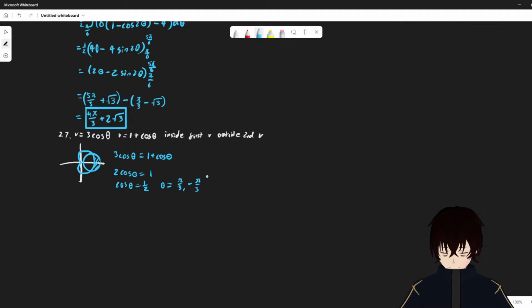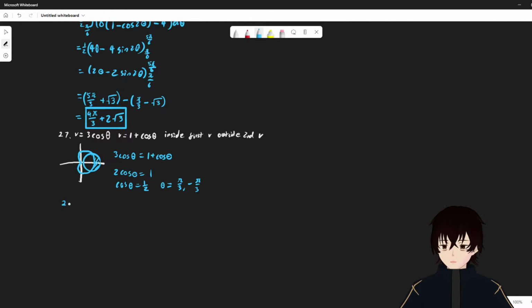Cosine of pi over 3. Yep. Now that goes to 2 pi for the circle. At 0, the circle starts here, and then at pi over 3 it meets here.